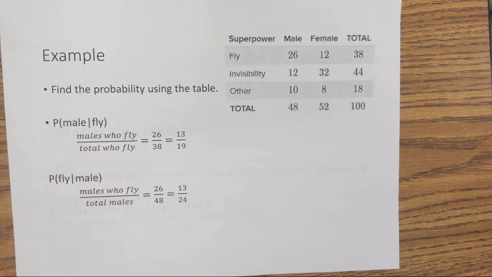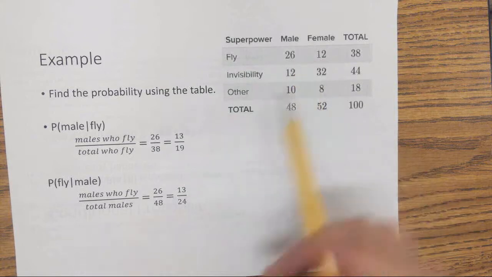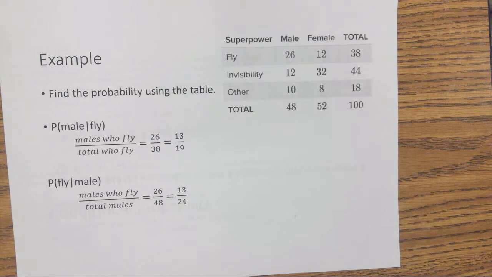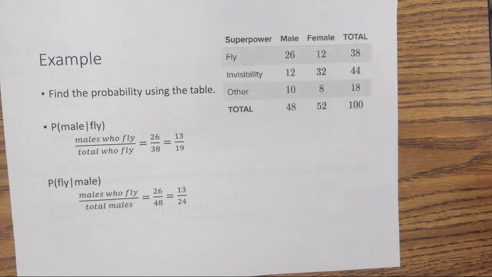That means we need the males who fly out of the total who fly. From our table, 26 males fly, and the total who fly are 38. So the probability is just 26 out of 38.